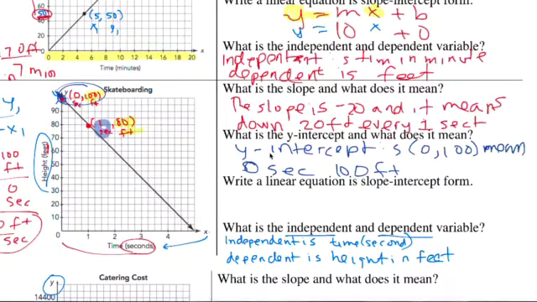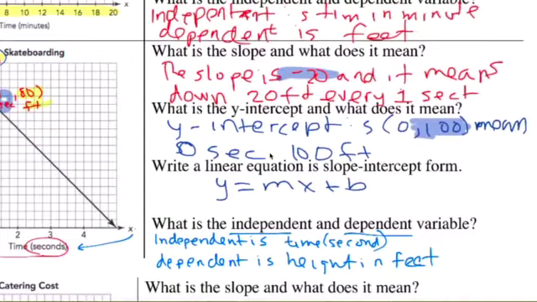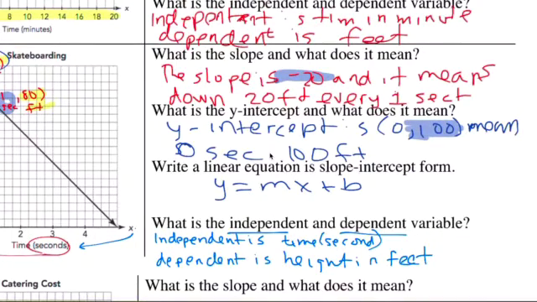Okay, slope-intercept. So you use the slope of negative 20 and the y-intercept of 100. You copy y equals mx plus b. Y equals negative 20, the slope is negative 20, bring down the x plus b. B is 100. Right there.